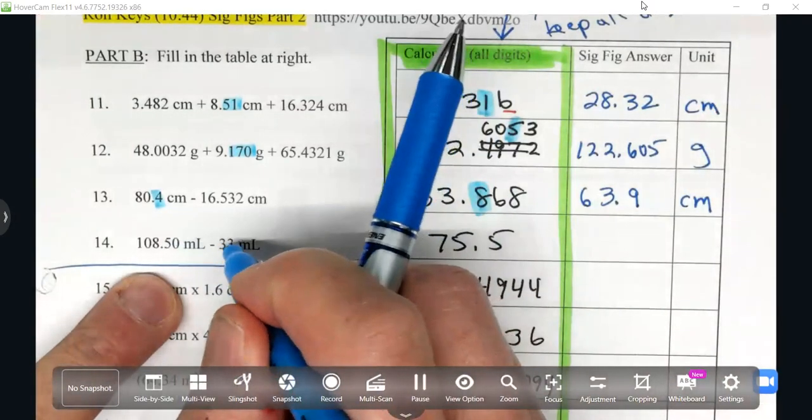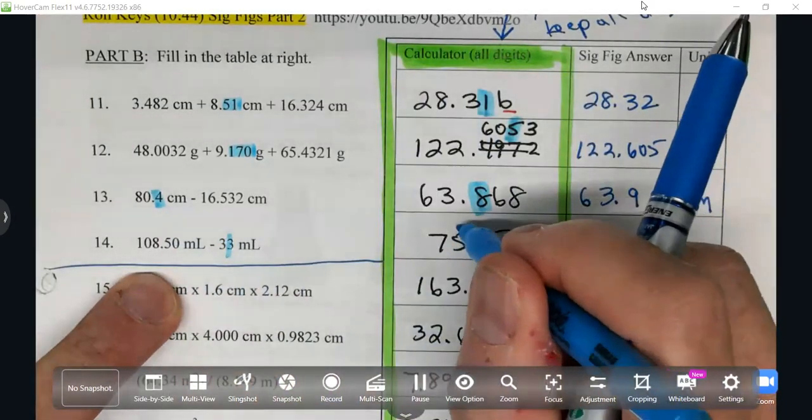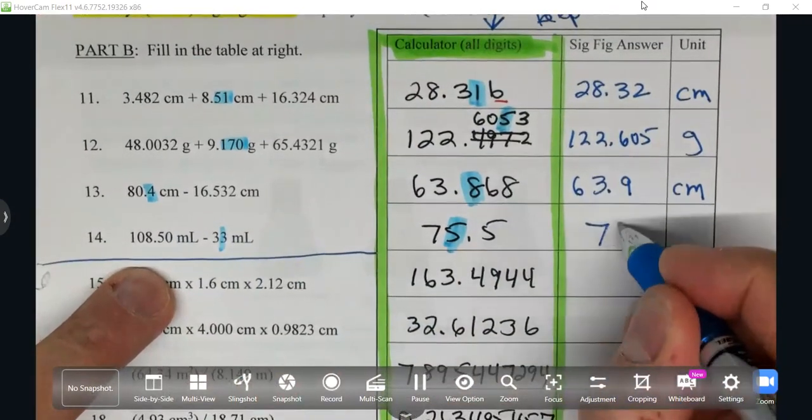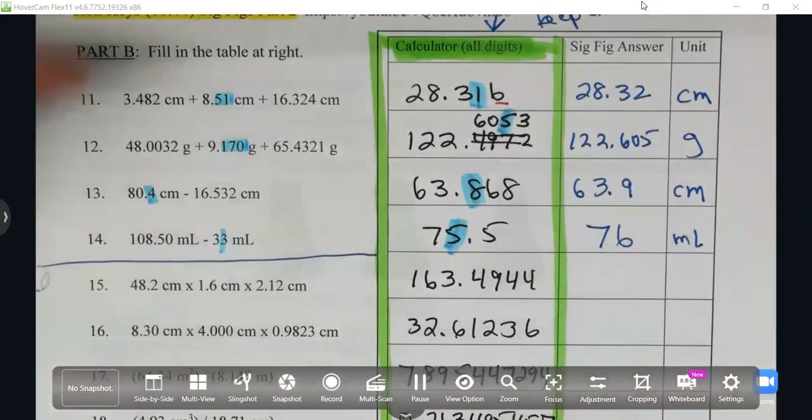This is the ones place, so we'd have to do the ones place here. So 76 milliliters.